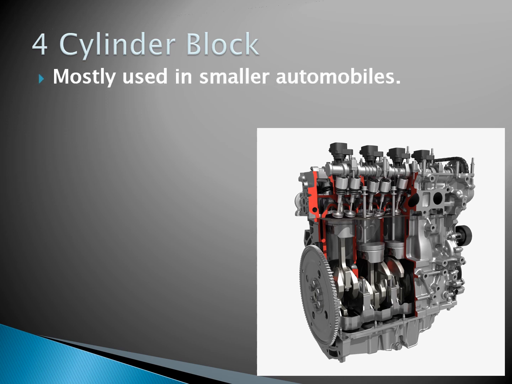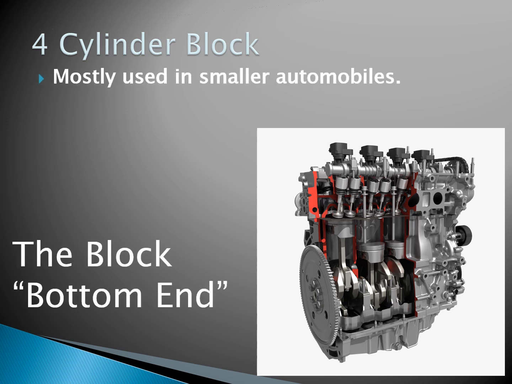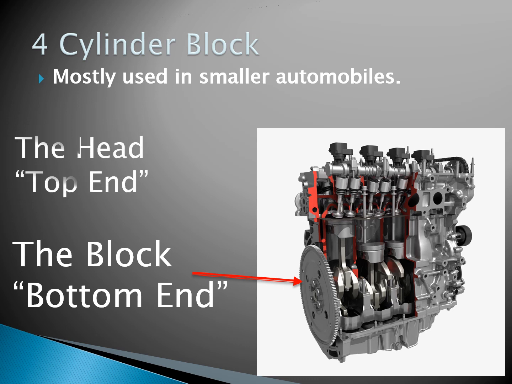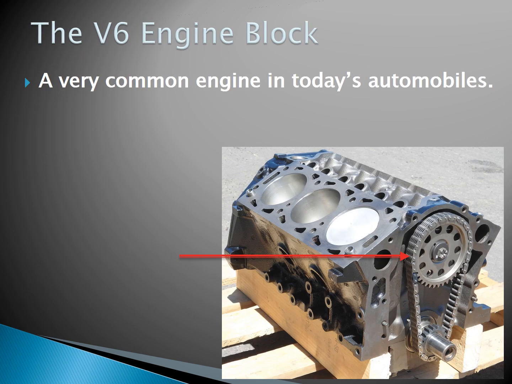So down there is the bottom end, boom, nice arrow. And then this portion up top is the head, or cylinder head, and this is known as the top end. This is a typical four-cylinder engine block, usually used in smaller cars.